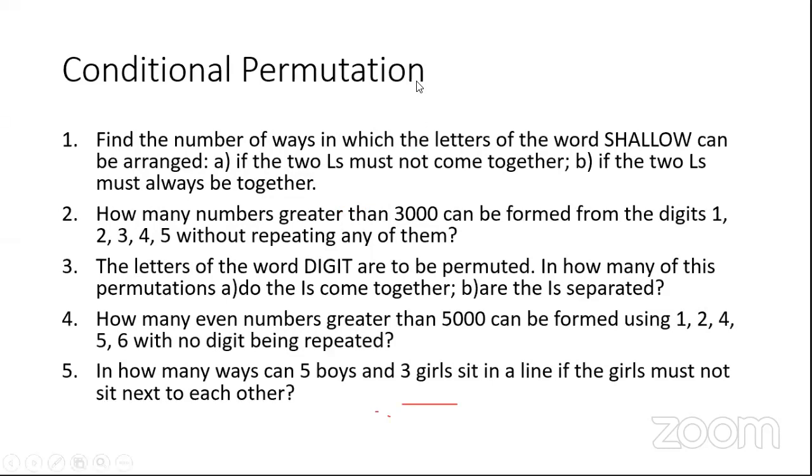In how many ways can they be arranged? Shallow: 1, 2, 3, 4, 5, 6, 7. 7 factorial. Is that all? 7 factorial over 2 factorial. Very good. Over 2 factorial, because L occurs twice, so identical objects.